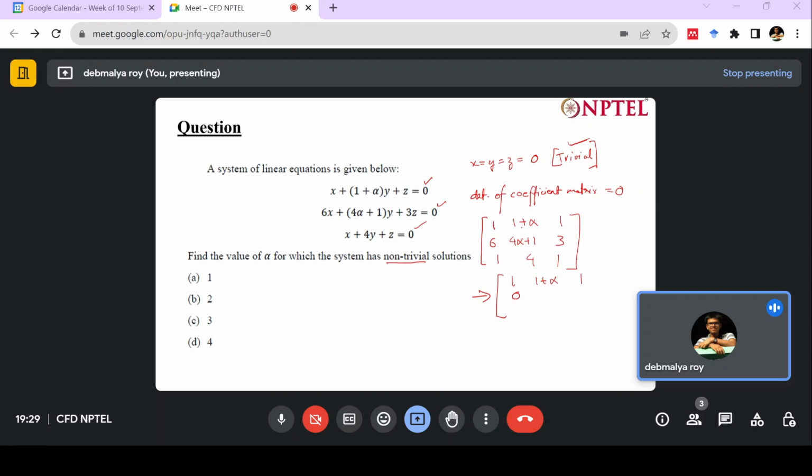So if 6 is multiplied and subtracted, then you will have minus 2 alpha, minus 5, minus 3 here, and here this can be simply subtracted. So 0, 3 minus alpha and 0. You can clearly see that for this to have a rank of 2, you must have alpha minus 3 equal to 0. So that gives you the value of 3.